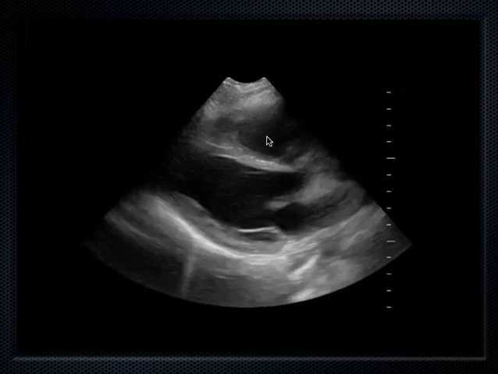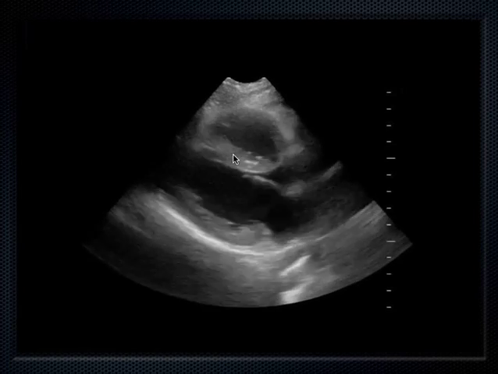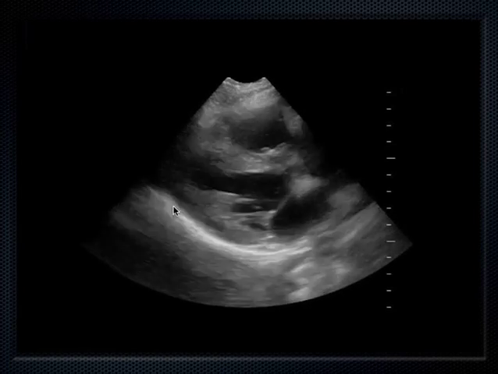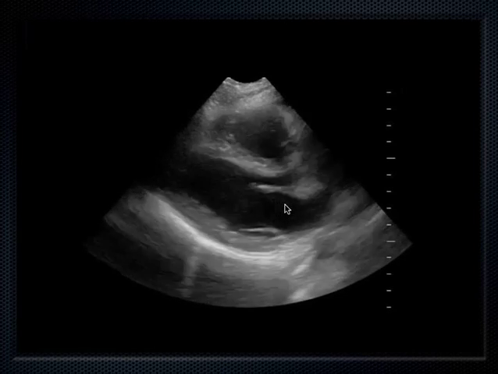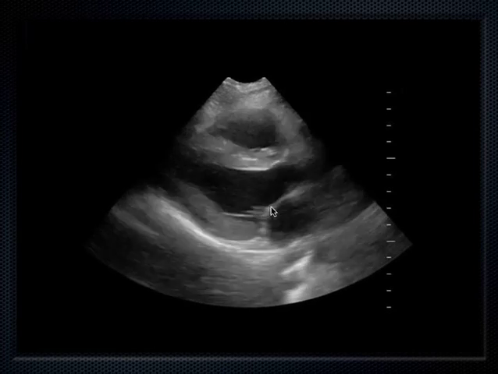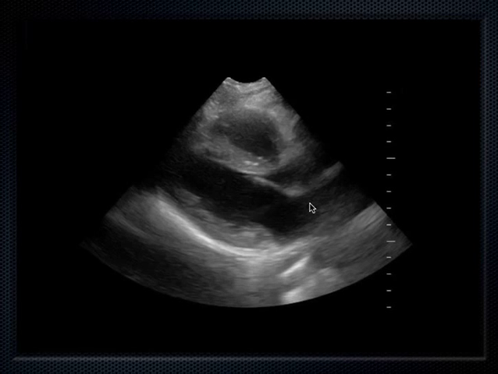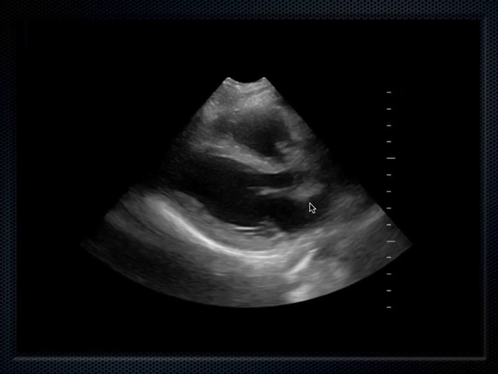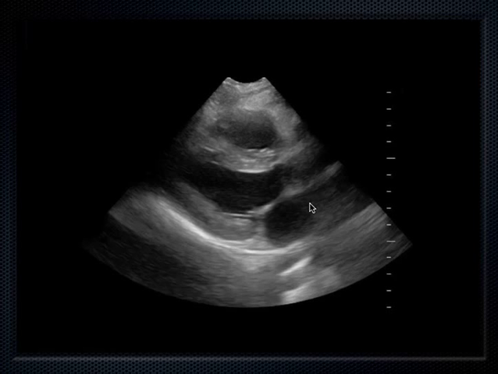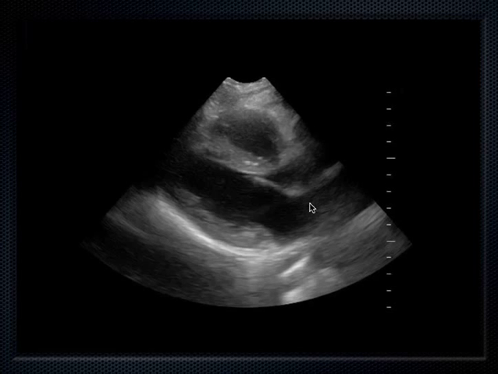This is the right ventricle up here. This is our interventricular septum running along here, and this is our posterior wall. Now I want you to pay very close attention to this mitral valve right here. Notice how that mitral valve comes up and smacks into the septum right there. See that? So over here, it's away from the septum, it's closed, and now it's open.